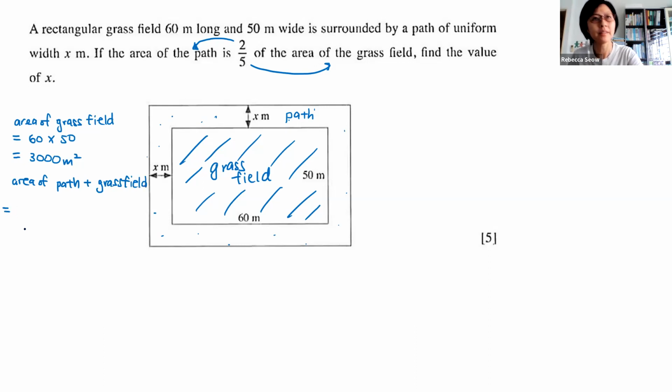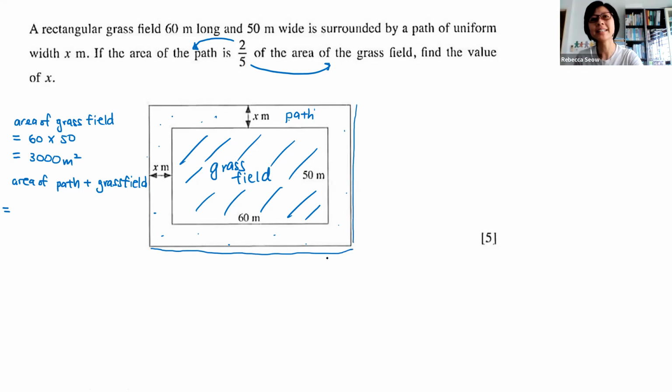And to find the area of the path and the grass field, you see, both of them actually make up the big rectangle, right? So area of the big rectangle would be the longest length that we can find, which is over here. And the corresponding breadth, which is here.